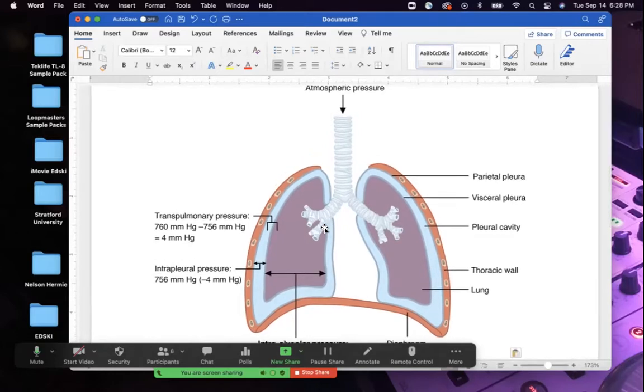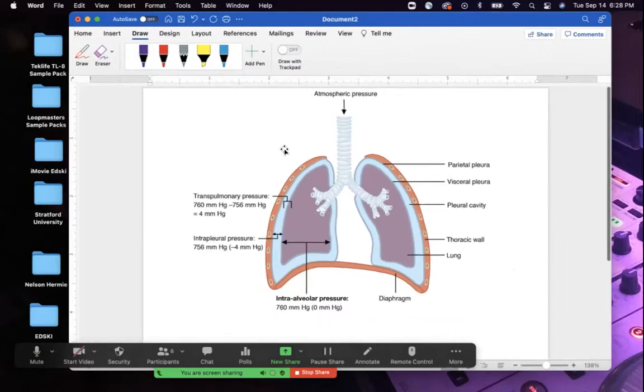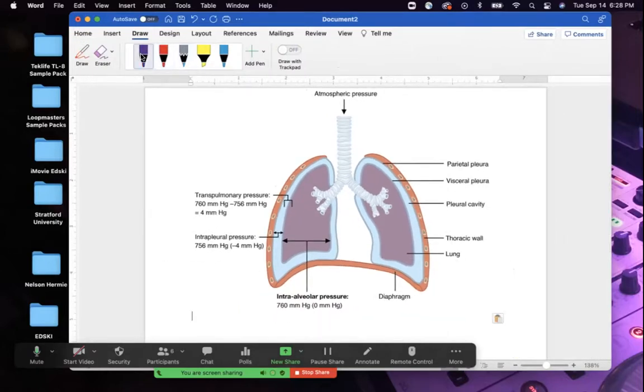So how do you inhale? Well, the first thing your body wants to do, and let's draw it, this is inhale. The diaphragm is going to contract, and then like a syringe, it's going to create a negative pressure.